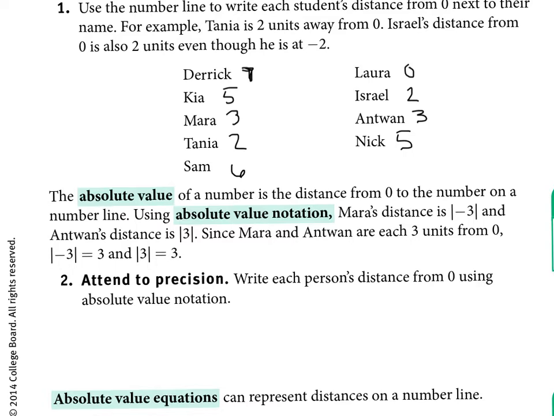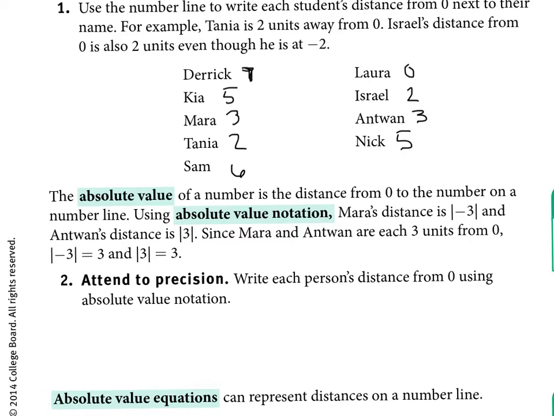This is absolute value notation here. We write the number on the number line with these bars that are right here. Mara's distance is the absolute value of -3. She's on -3 on the number line, but her distance from 0 is +3.